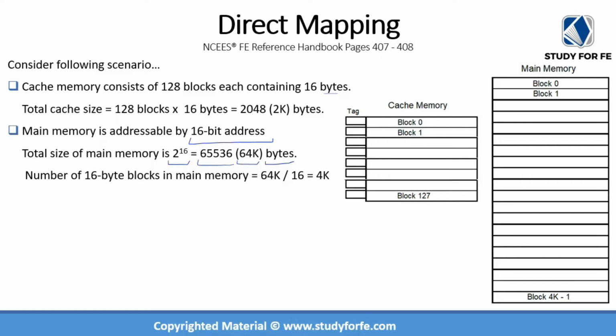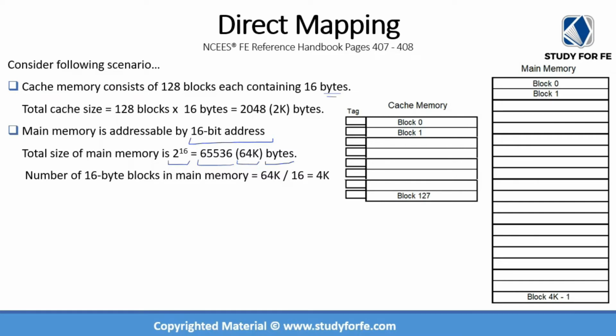That is sort of assumed in here because we are dealing in bytes. It could be more generic, it could be words as well. So a 16-bit address would translate into 2 raised to power 16 memory locations, and each memory location is 1 byte. So you have 64k bytes.